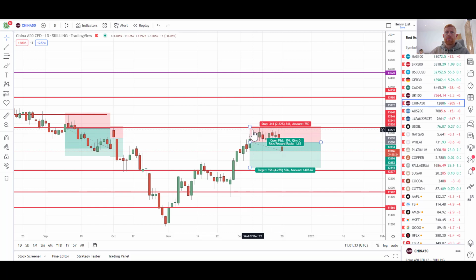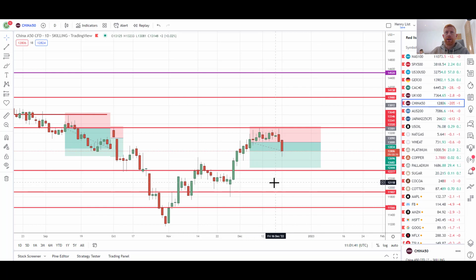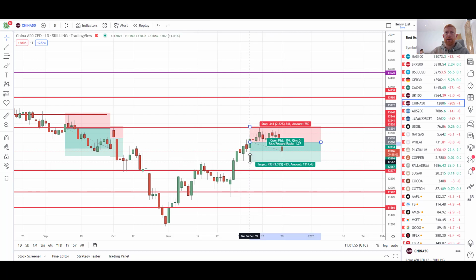So the trade was here, didn't trigger us in, didn't trigger us in, and then today it triggers. So that trade was there 8 days, and now it triggers today. So it's triggered in quite nicely today at the moment.